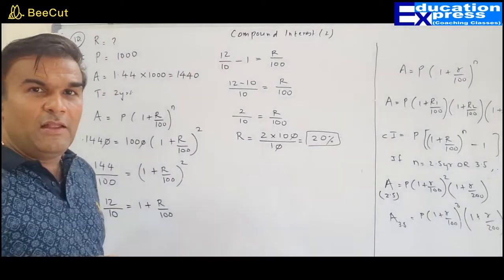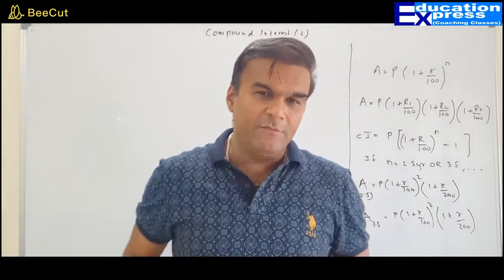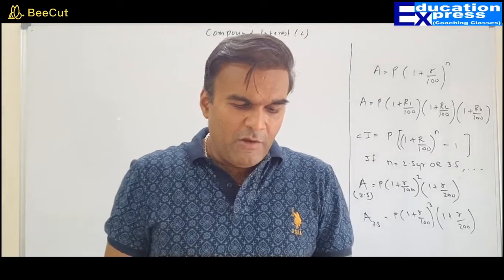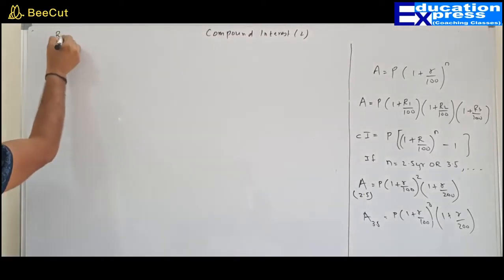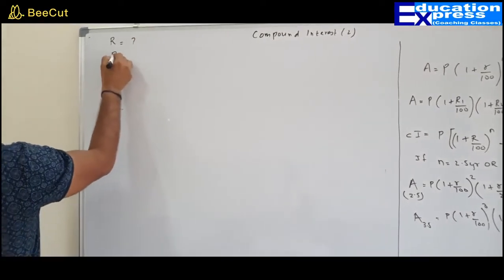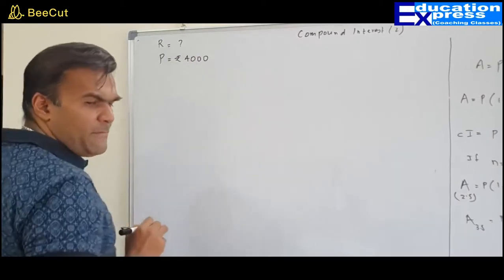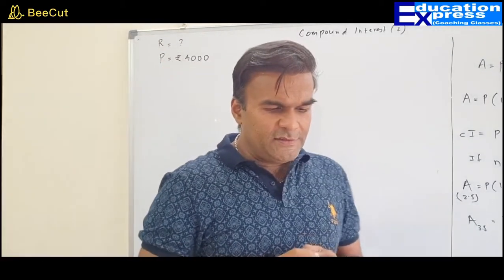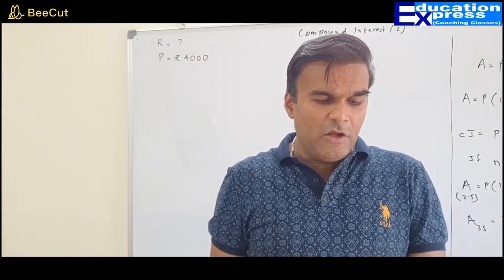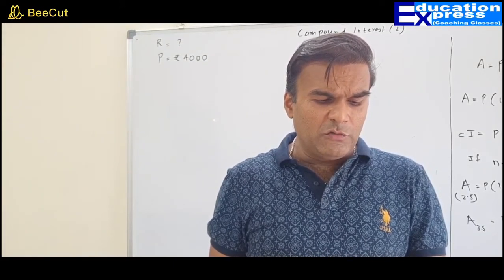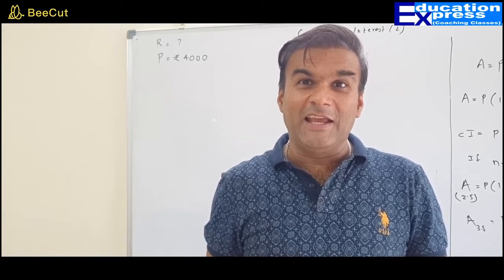Question number 11. At what rate %, again they are asking you rate, will a sum of rupees 4000 yield rupees 1324? Rate is not given. Sum of rupees 4000 means principal is rupees 4000. Yield means produce, yield means gives.